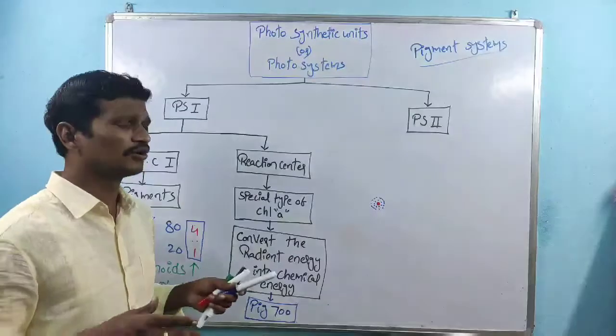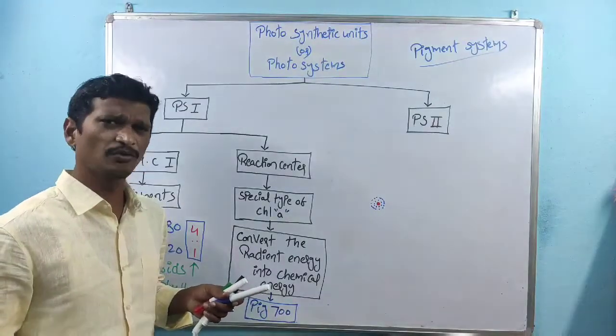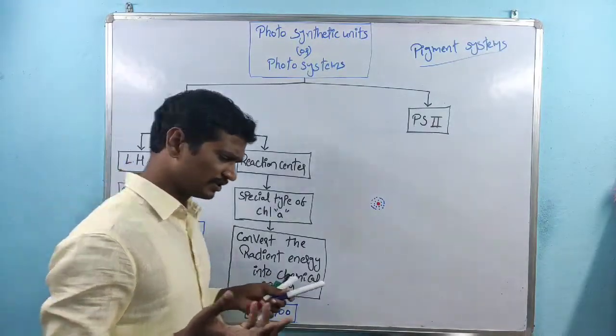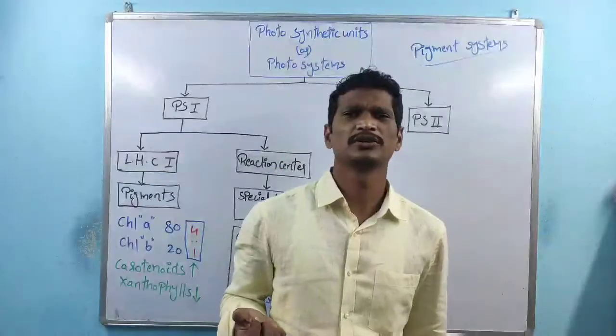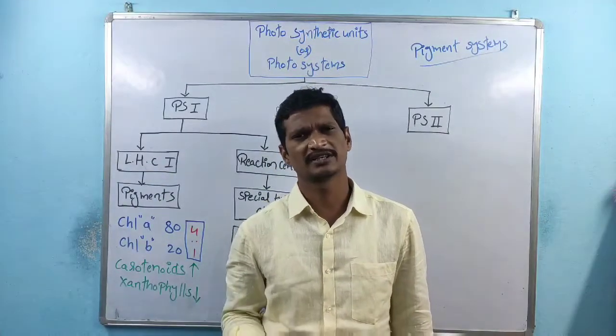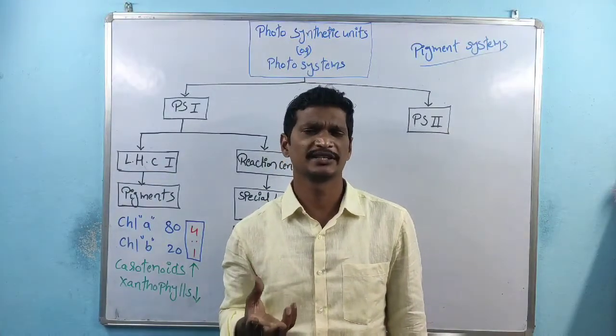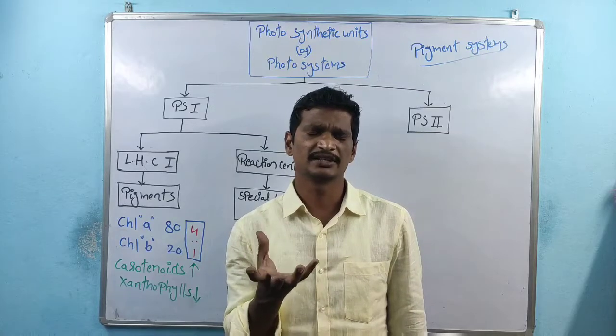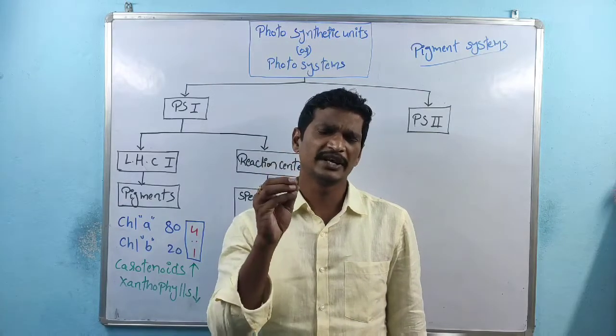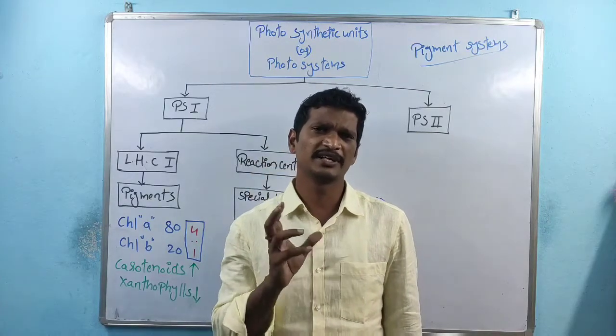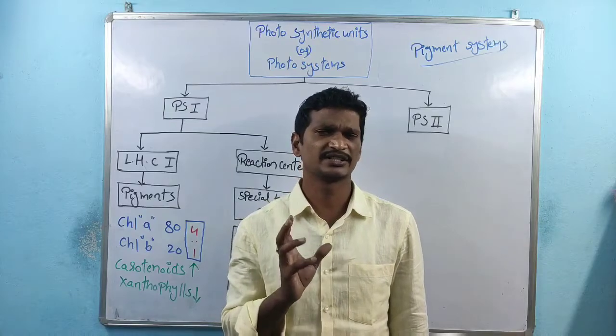These are also called antenna complexes. In the last class we discussed antenna molecules. The center is where the main reaction point is present, and that is called the reaction center.